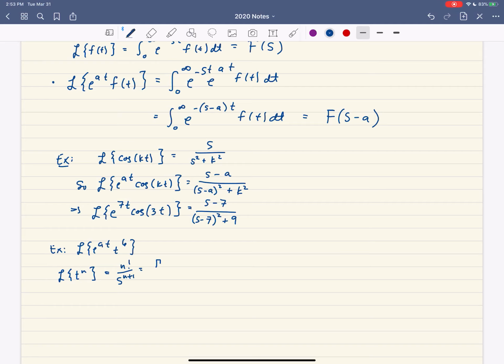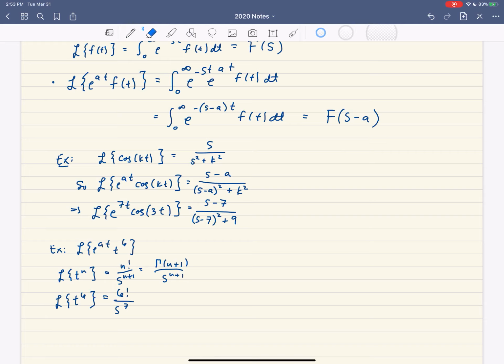This is really best viewed as gamma of n plus 1 over s to the n plus 1. And so the Laplace transform of t to the 6 is going to be 6 factorial, so that's 720, over s to the 7.